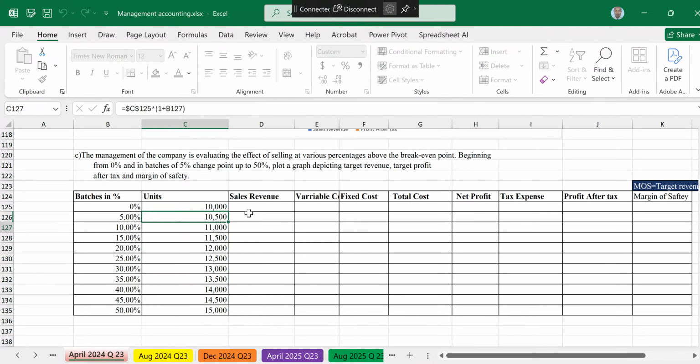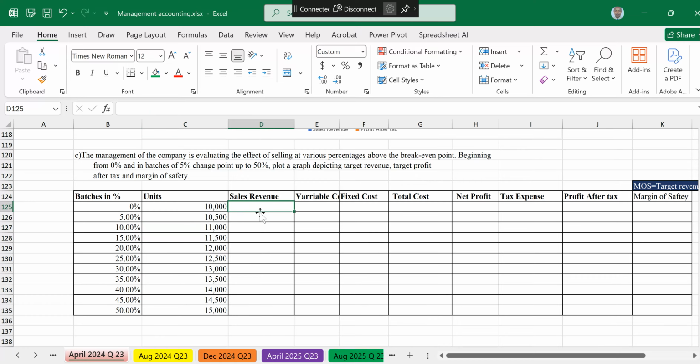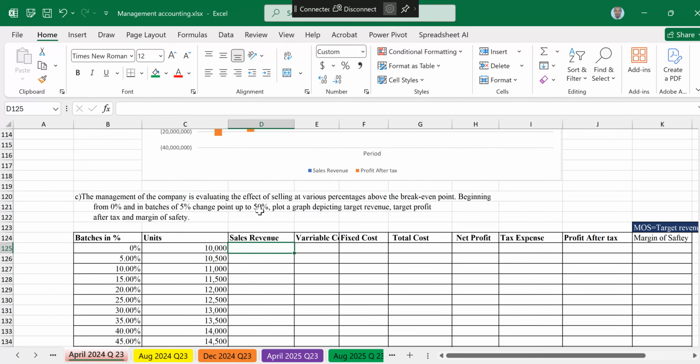Okay, now sales revenue, we can do sales revenue, and we know the units of the sales revenue and the others. Now this will be equal sign, then click on the 10,000, times 10,000, what was the sales price?